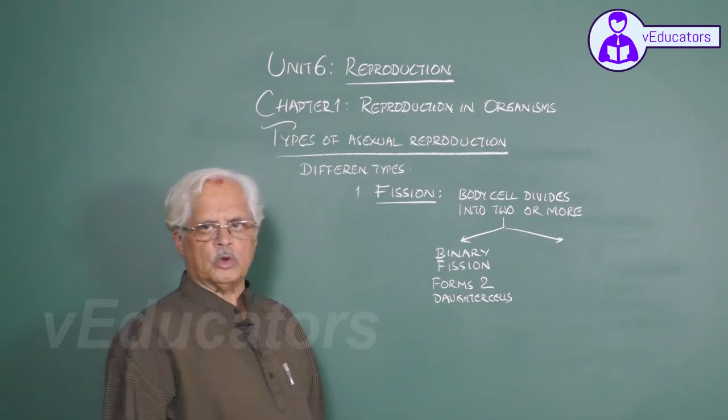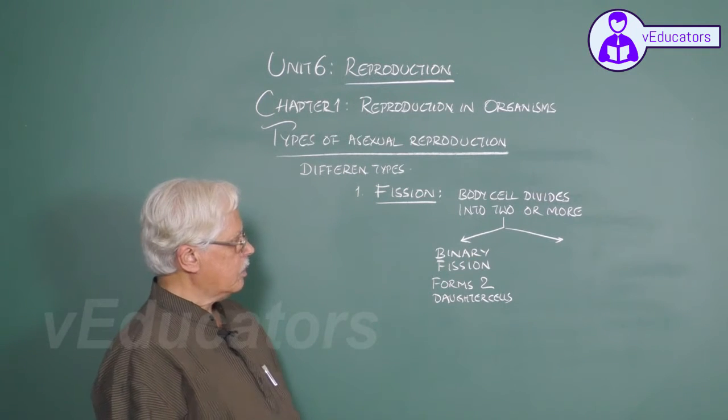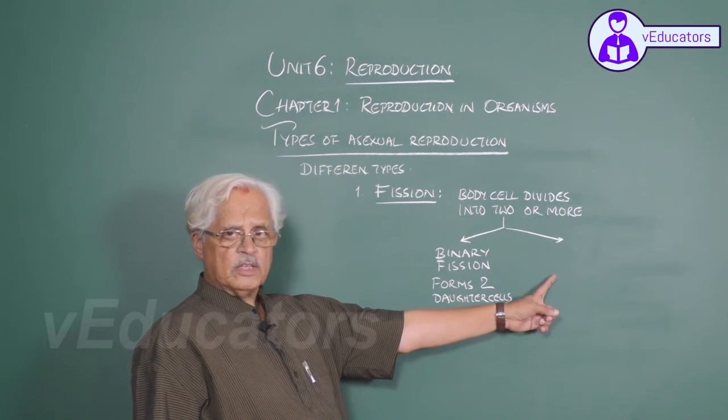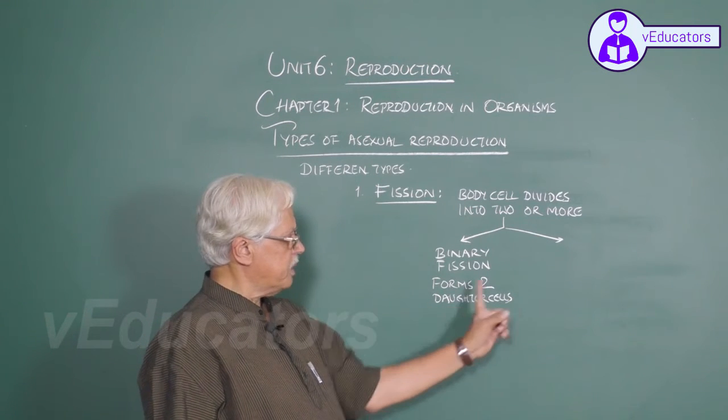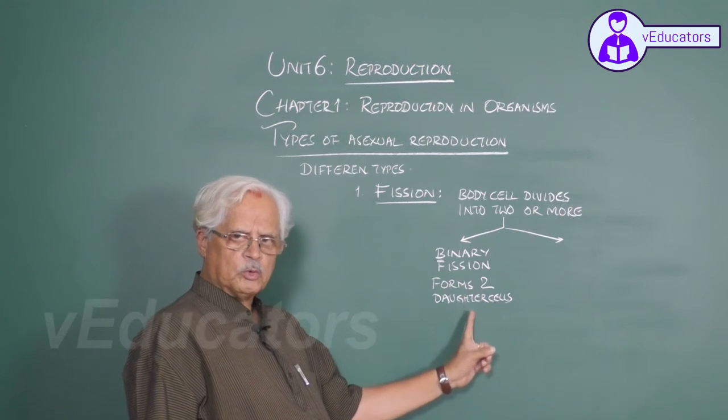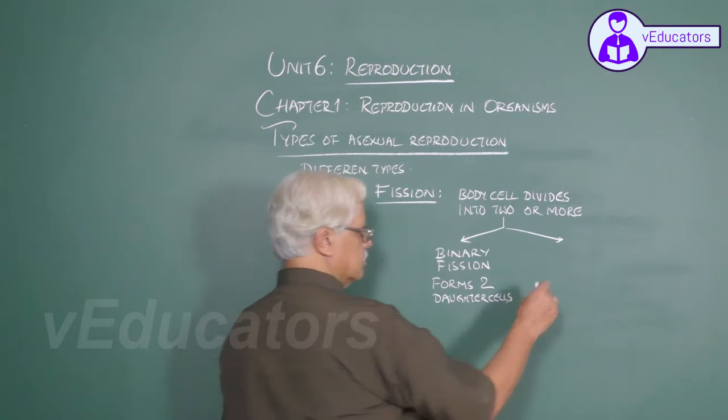The other possibility is multiple fission, where the parent cell forms more than two daughter cells.